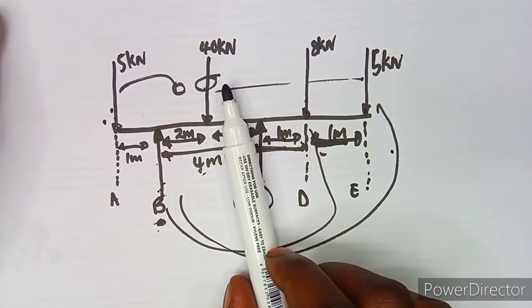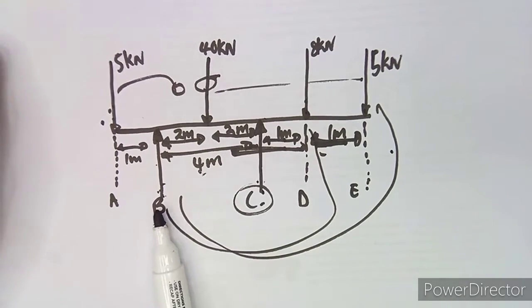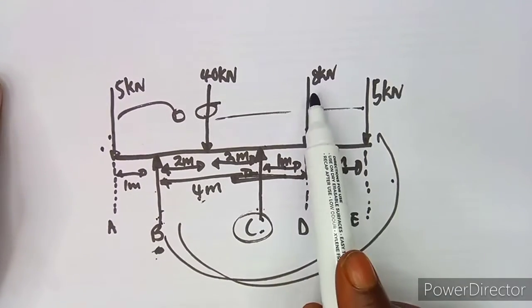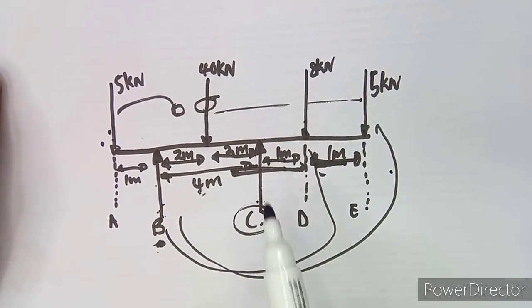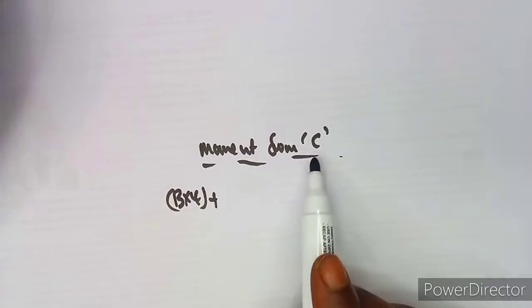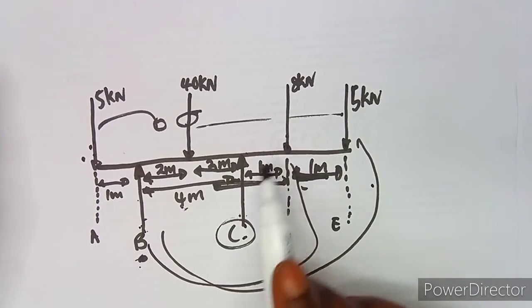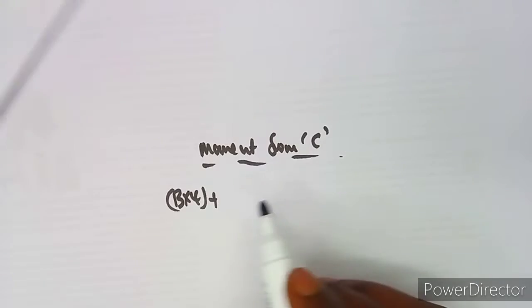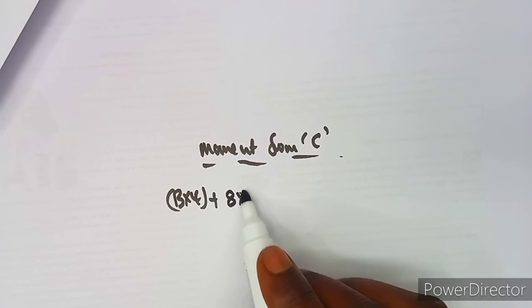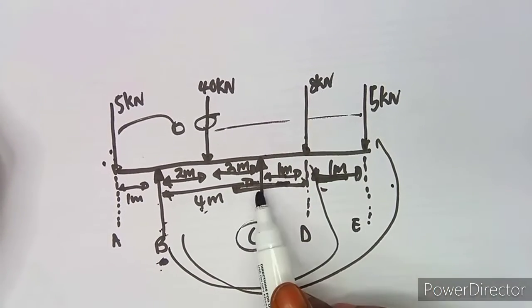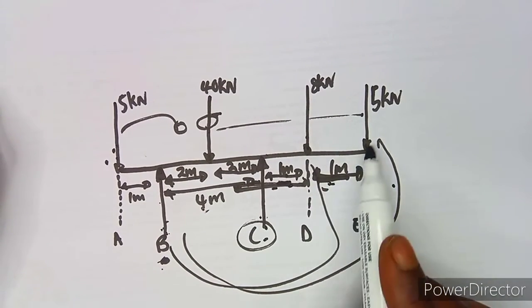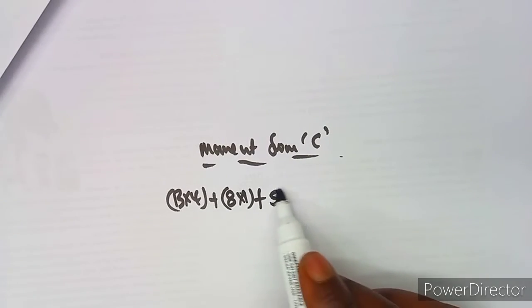These are the ones that actually work hand in hand with B. So that is 8 back to the point C, because we are taking our moments about the point C. Okay, so 8 back to C, there's a distance of 1. So that's 8 by 1, plus we have this 5. Between 5 and C, there's a distance of 2 meters. So it's 5 by 2.